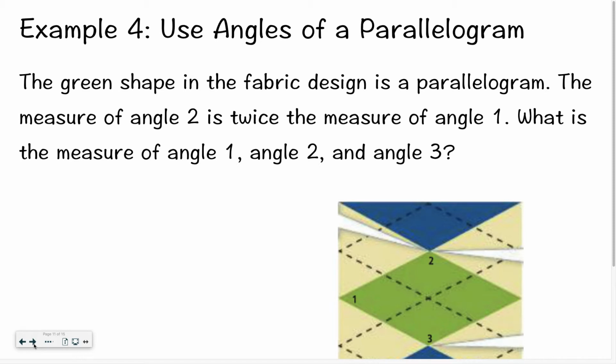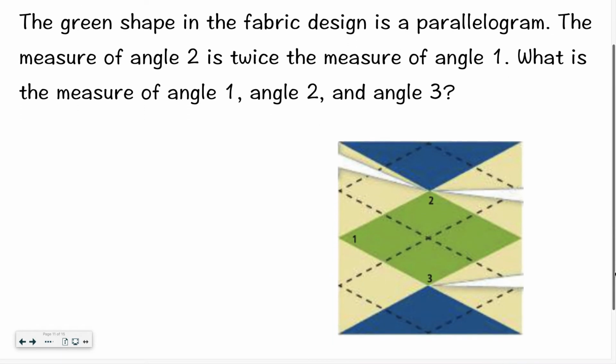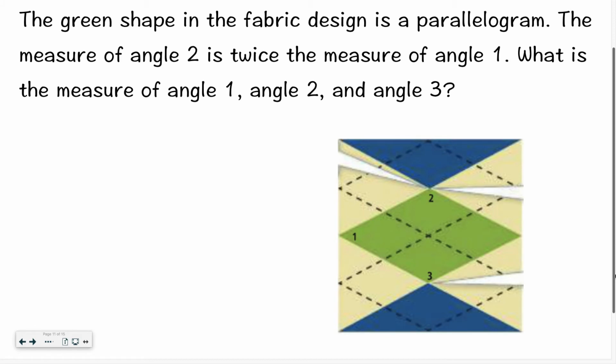All right, now let's use the angles of a parallelogram. In this picture, I know the green shape in the fabric design is a parallelogram, and the measure of angle 2 is twice the measure of angle 1. I want to solve for the measure of angle 1, angle 2, and angle 3. I don't have any information on what any of those angle measures are.